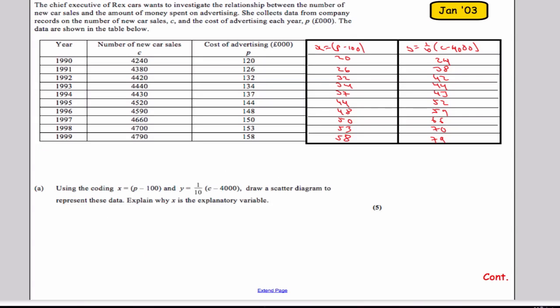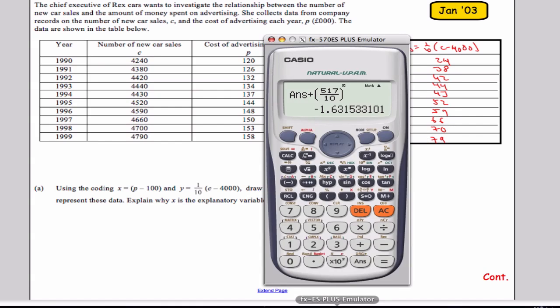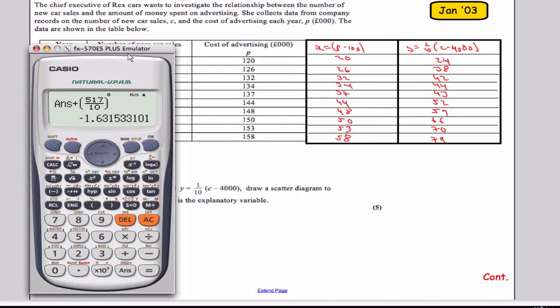I'm going to plug these values into my calculator and see if we get the same values for A and B. I want mode, statistics mode, regression, and I'm going to put in the values for x and y. So 20 will go in for the value of x, corresponding y 24.